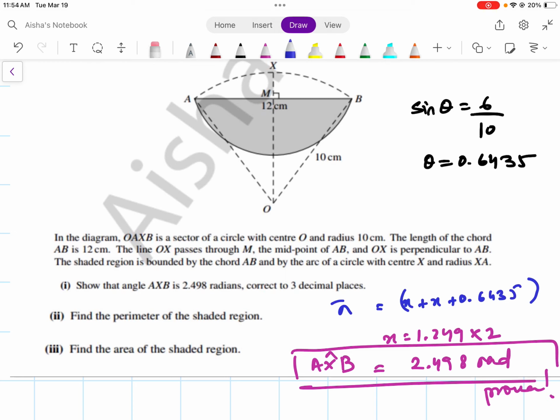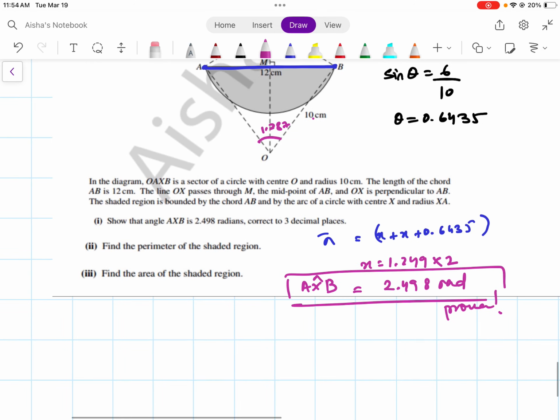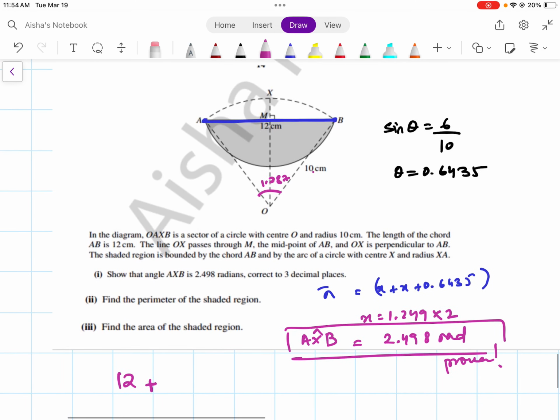This AB is a chord. We know this angle. This is 0.6435. This is also 0.6435. So total angle is 0.6435 into 2, total angle is 1.287. This is 10. This is 10, and length we already know. This is 12. Okay, interesting. Plus.